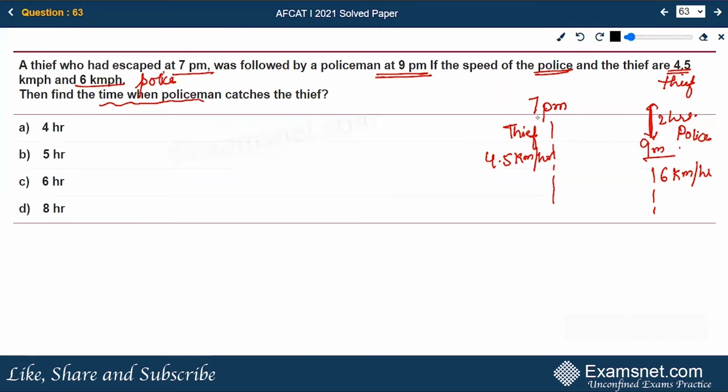Let's try to solve this problem. Let after t hours the policeman catch the thief.